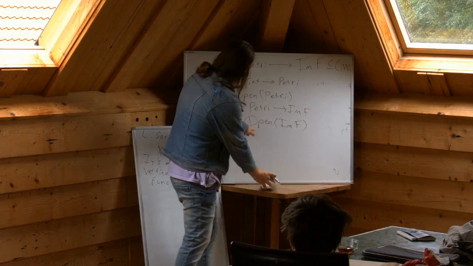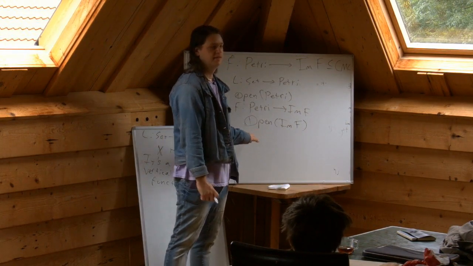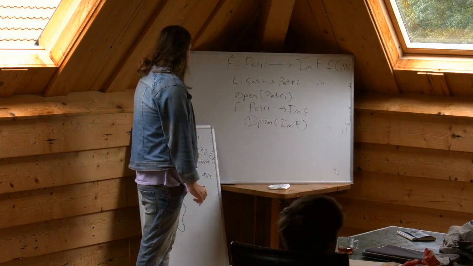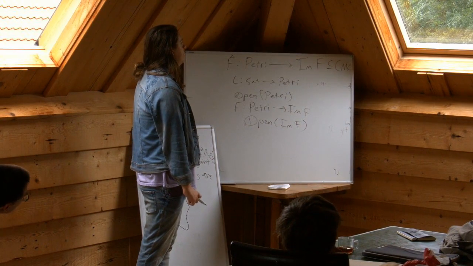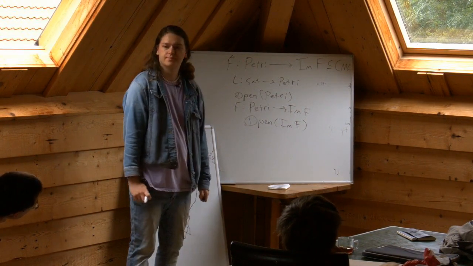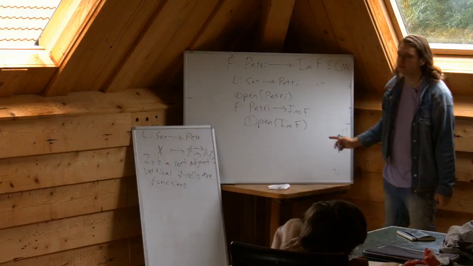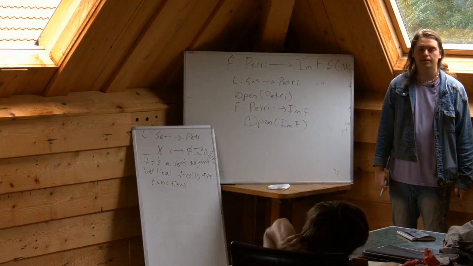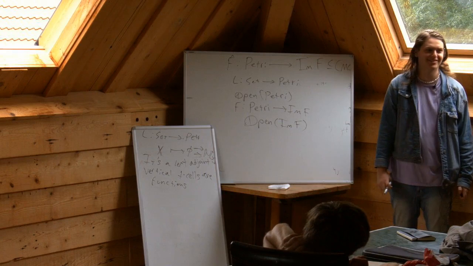Okay. So what are the zero cells in this? In Open of MF. I don't really tell you how it all works exactly, so I'm just relying on you to guess.